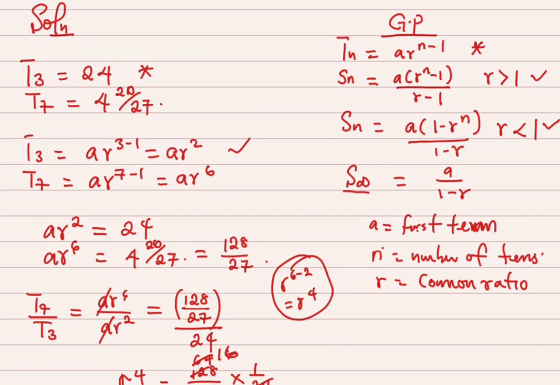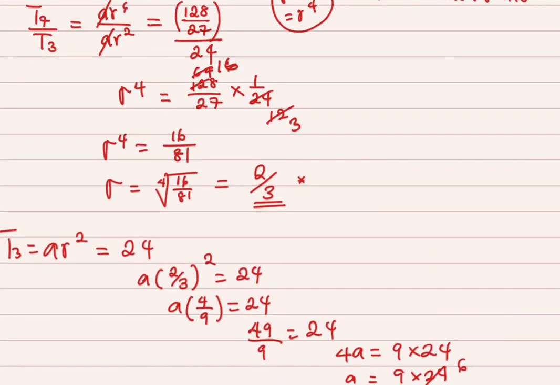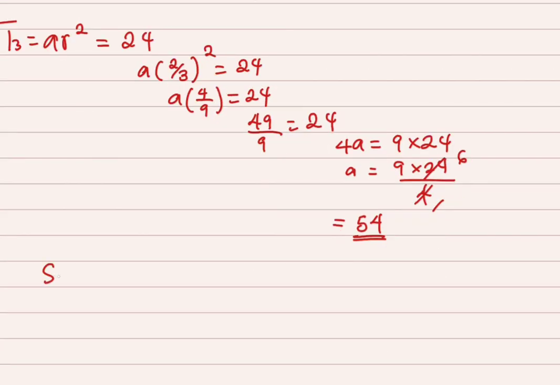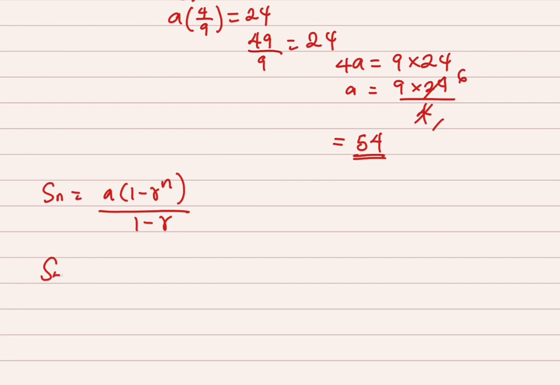So we are going to use the second formula: Sn equals a times (1 minus rⁿ) all over 1 minus r. So S4, of course, n is 4 in this case, and a is 54.